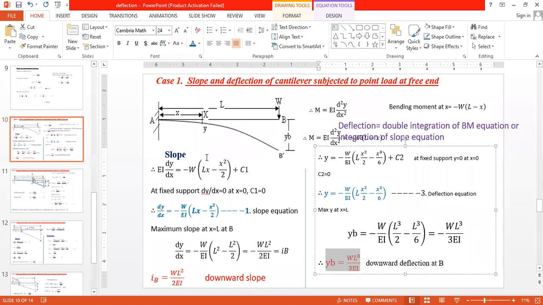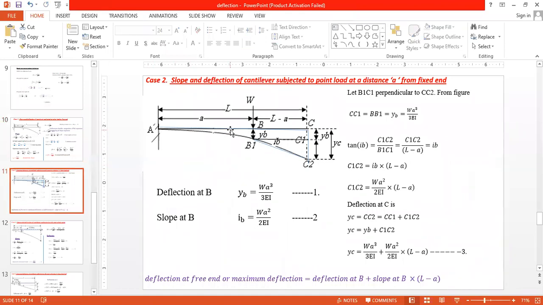Now after that, using the same theory, we derived deflection and slope for a cantilever when it is subjected to a point load at a distance a from the fixed support. Under this load you get the deflected curve up to here, and from here it is a straight line.